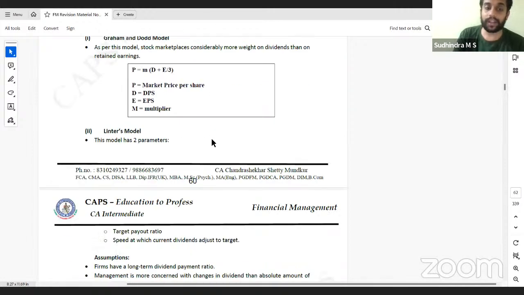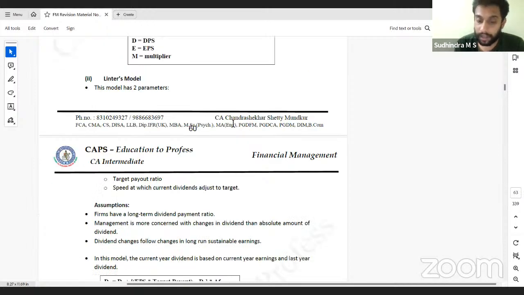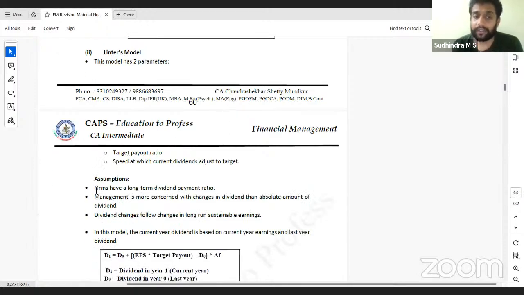Whereas in Linter's model, we have two things. We have a target payout ratio and the speed at which we want to reach that ratio. That is called adjustment factor. Okay. So the assumptions that they have is firm have a target payout ratio. Management is more concerned with change in dividend than absolute amount of dividend.